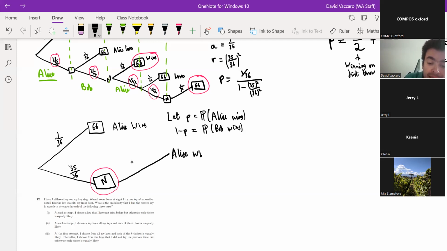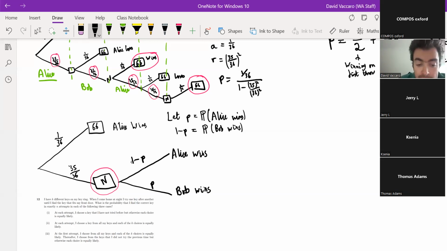So the probability that Alice wins is now 1 minus P. And the probability that Bob wins is P. And the explanation there is that Bob has sort of become Alice, because from this point, okay, I'll call this node, node star.